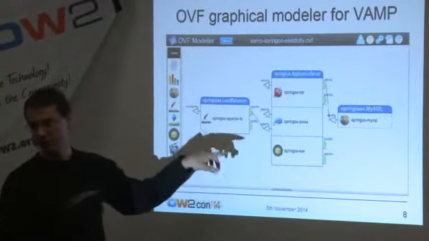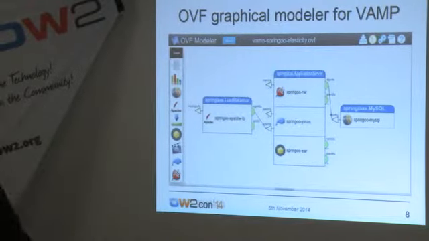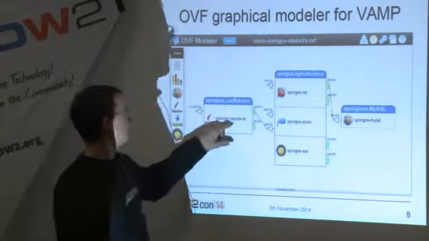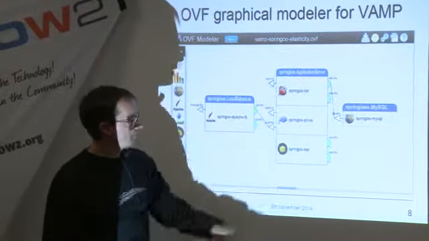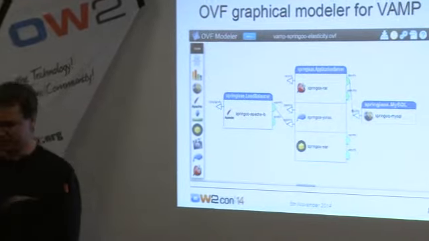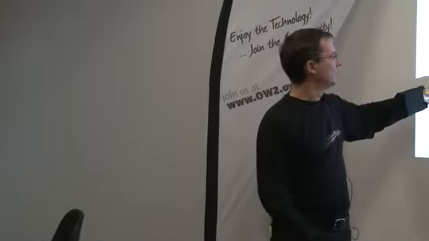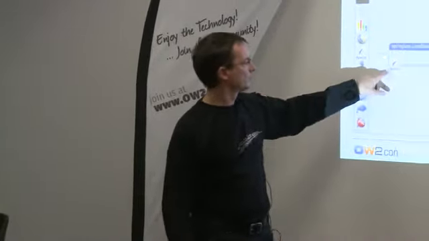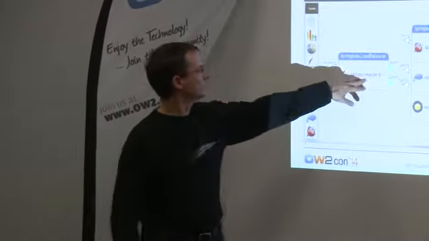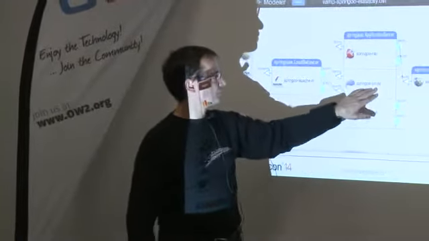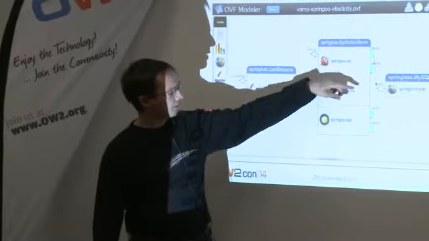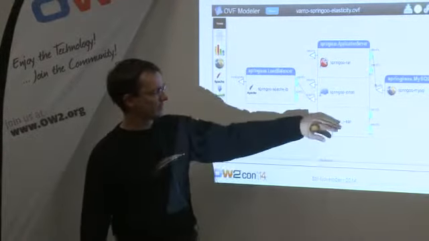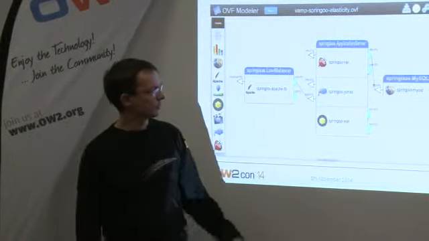The application is a classical web application with a load balancer with Apache, then an application server, and then the MySQL database. So we have three virtual machines and five components. The first one is the Apache load balancer component. Then there is the Jonas application server, and you also have the RAR and the EAR files that will be deployed on this application server.